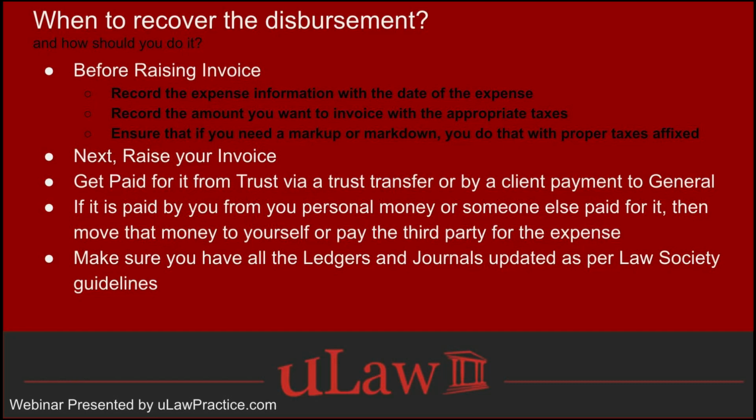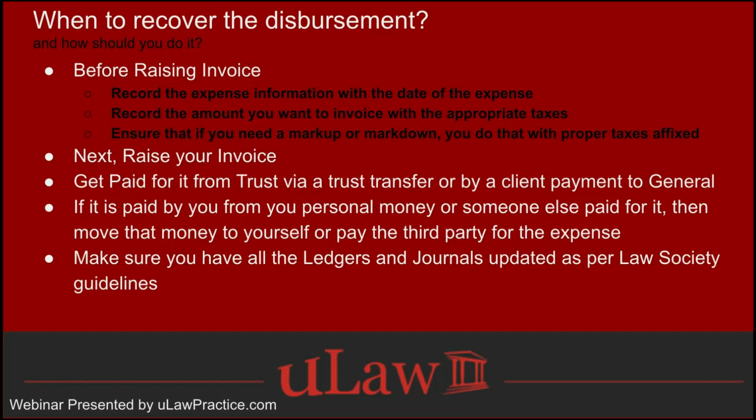So before raising the invoice, you record all of this information, then you raise the invoice, then you get paid from trust via trust transfer if it is something you have paid from general. Now, if you have paid directly from trust, you don't have to worry about raising an invoice and getting paid from trust or doing a client payment to general, right? So these are the bookkeeping steps that you avoid and keep it simple if you're paying from trust.